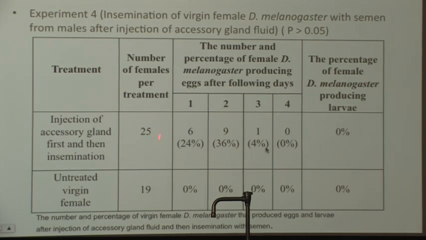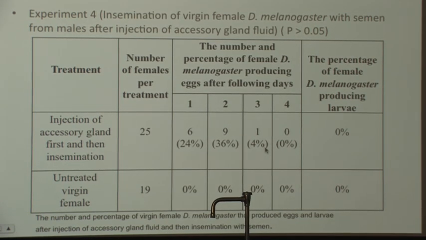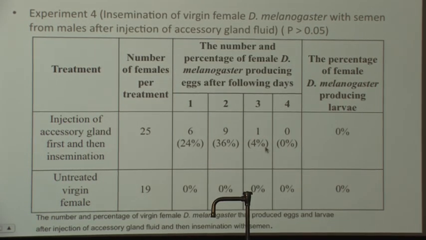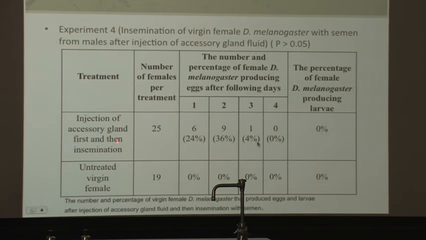We have 25 females, and even though they can all lay eggs, we cannot find any larvae produced. After the statistical analysis, we cannot find any significant difference in larva production between injected and non-injected females.